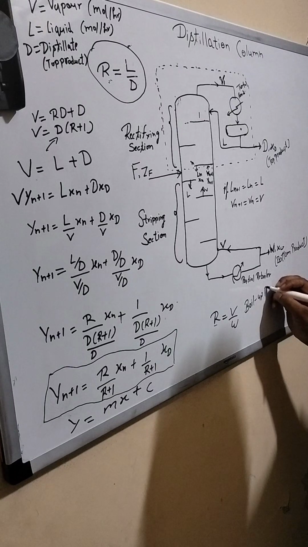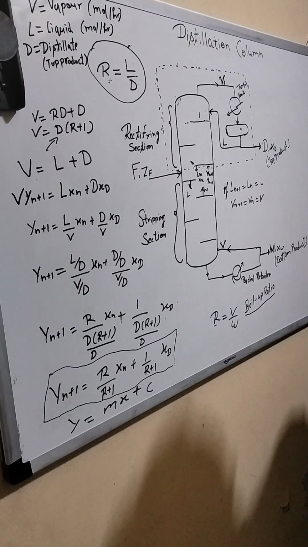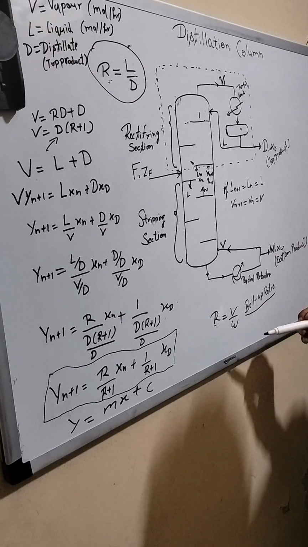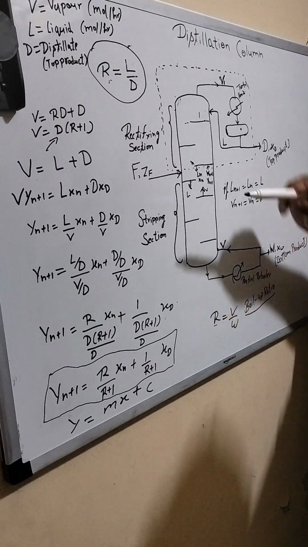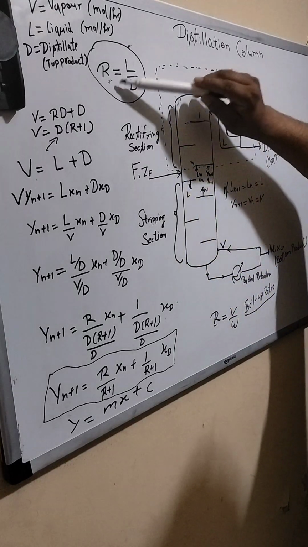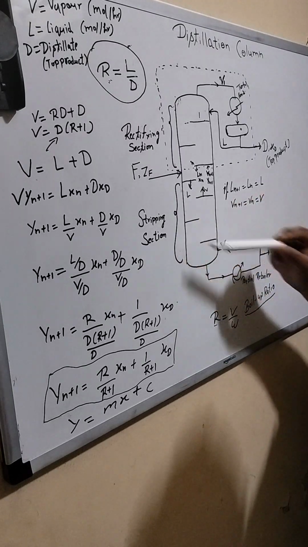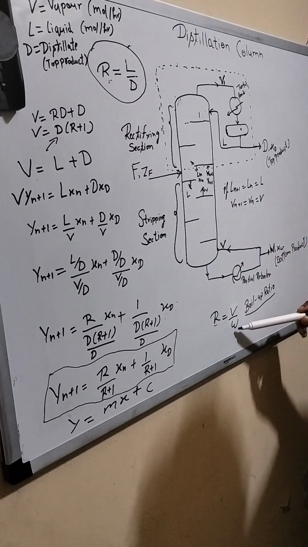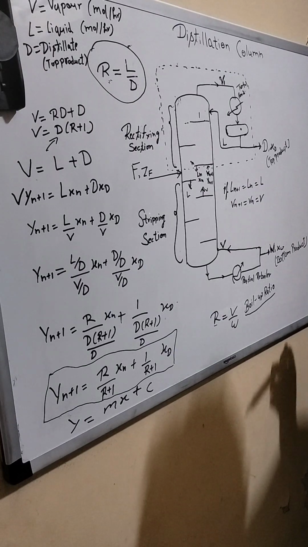So we can define a reflux ratio for the rectifying section, R equal to L by D, as well as a reflux ratio for the stripping section, V by W, the boil up ratio.